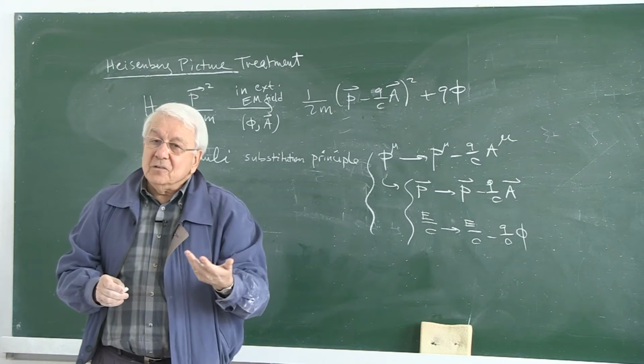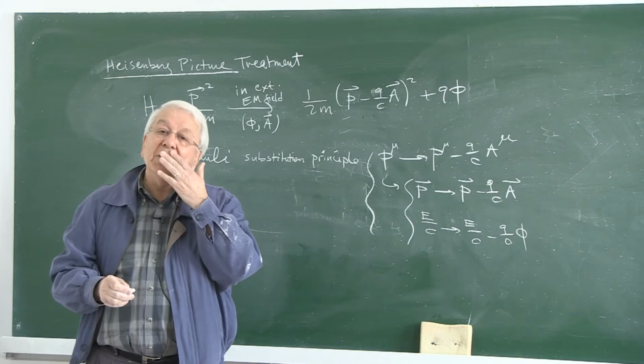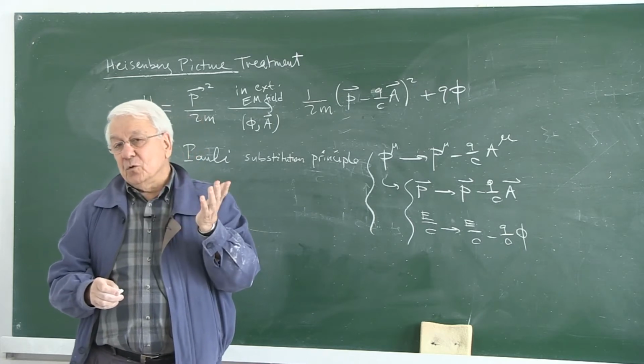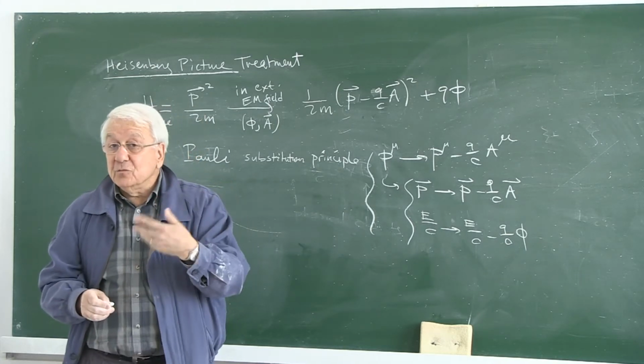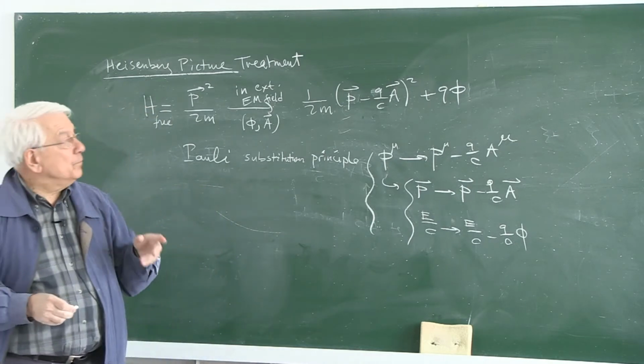Let's get used to it, because next semester when you are doing 508, you will be dealing with relativistic quantum mechanics, I hope, because that's what I was doing when I was teaching relativistic quantum 508 anyway.